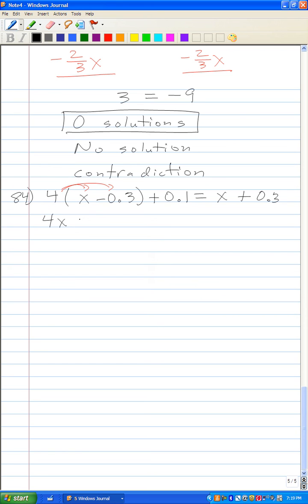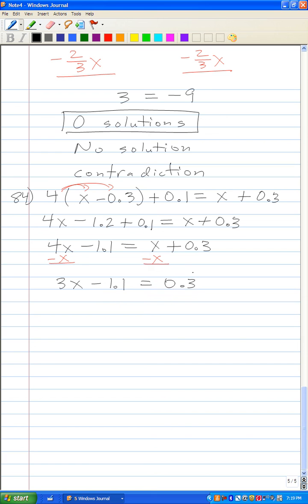So I get 4x minus 1.2 plus 0.1 is equal to x plus 0.3. Combine like terms. I guess I'm not going to get rid of decimals. Negative 1.2 plus 0.1 is negative 1.1 equals x plus 0.3. Let me subtract x from both sides of my equation in order to isolate x on one side. So I get 3x minus 1.1 equals 0.3.